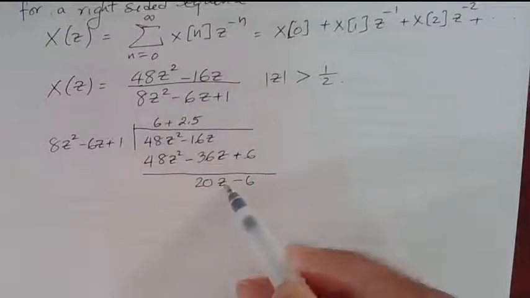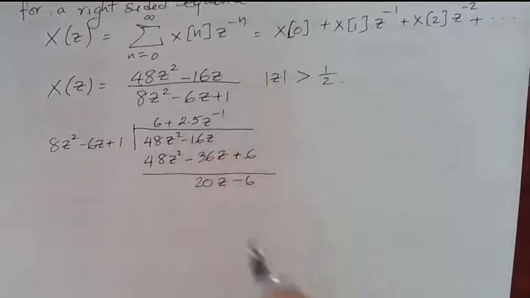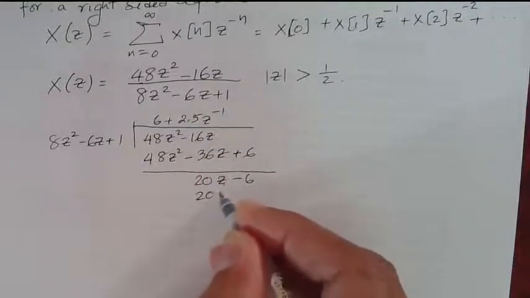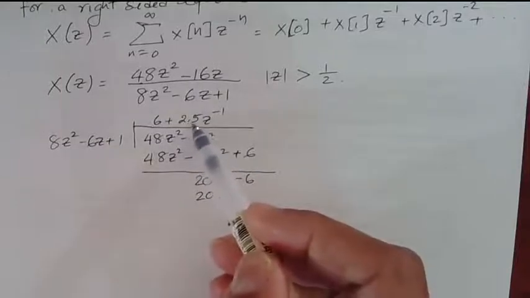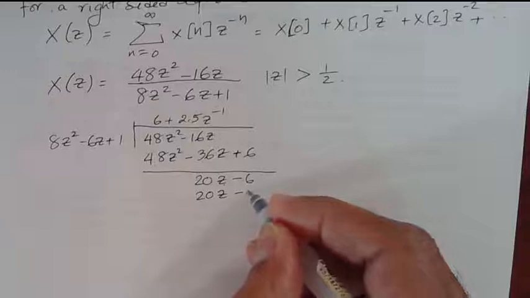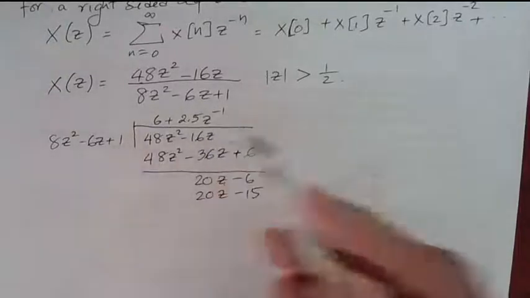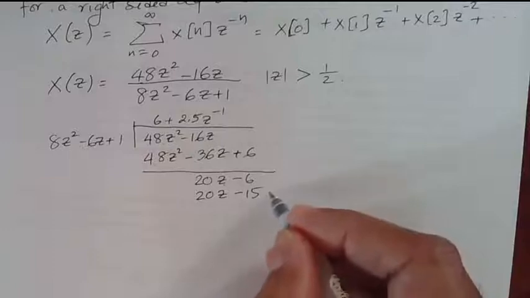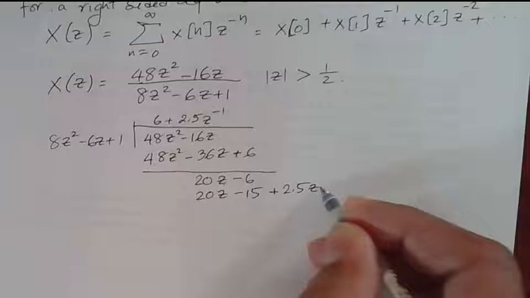And I need a z here. I have a z squared here. So this has to be z to the minus 1. So that'll give me 20z. And then minus 6, 12, 3, 15. So minus 15. And this is z times z to the minus 1. Cancel each other out. And then plus 2.5 z to the minus 1.